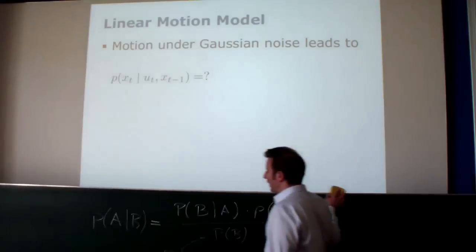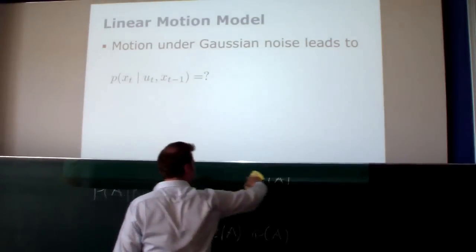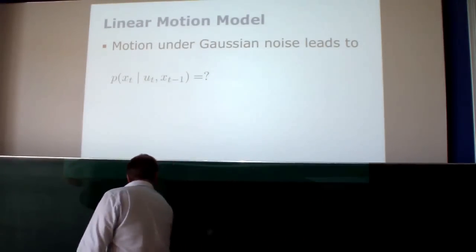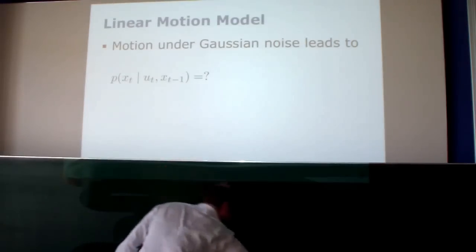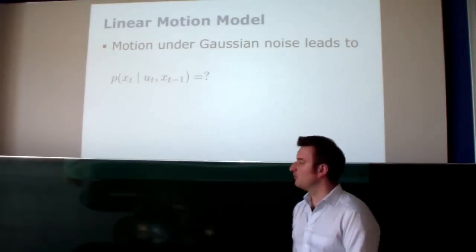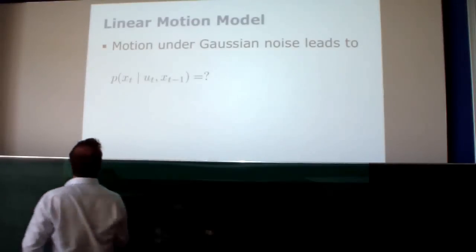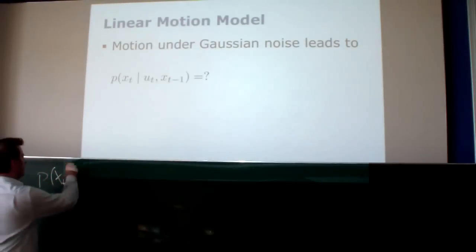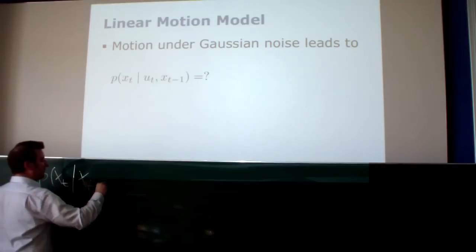And the question is, the motion also has a Gaussian noise term. So how does this function actually look like? You can just guess, how could this term look like? I don't want to make the full derivation of it, but rather give an intuition for how this looks like.